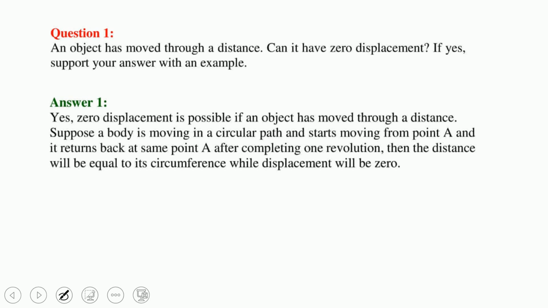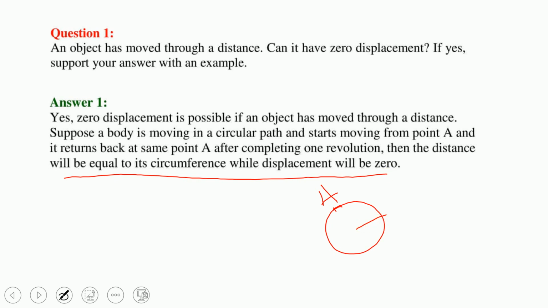If an object has moved through a distance, for example a body moving in a circular path, you can draw a diagram also. It starts moving from a point A and returns back to the same point A. After completing one revolution, the distance will be equal to the circumference, while the displacement will be 0.